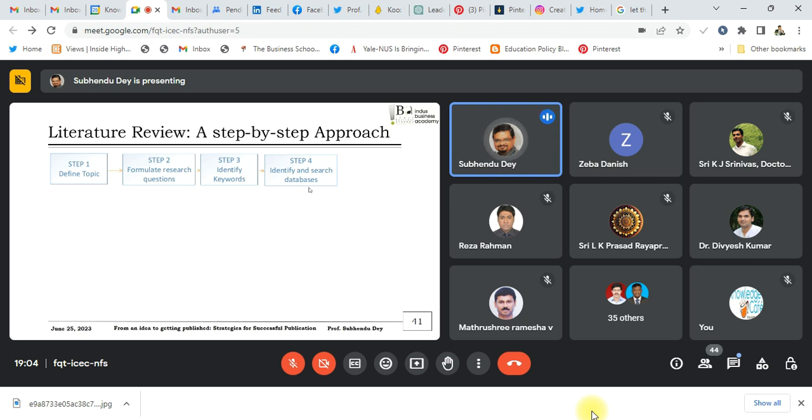Now, there is no hard and fast rule in terms of I have to use this many. Say, for example, in one of my papers, me and my researchers got stuck with just about 15 papers which were relevant to the study. Obviously, 15 papers is not sufficient. So what we did was we broadened the topic a little bit.